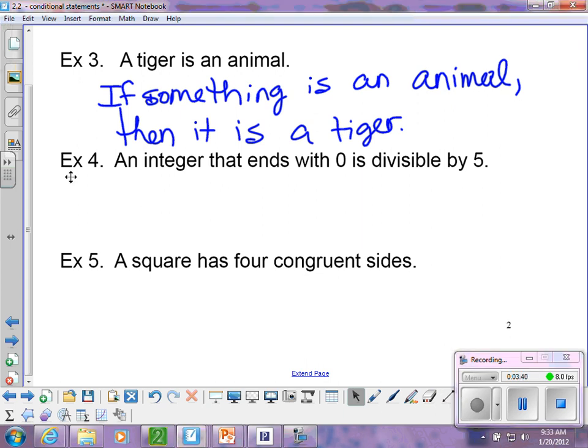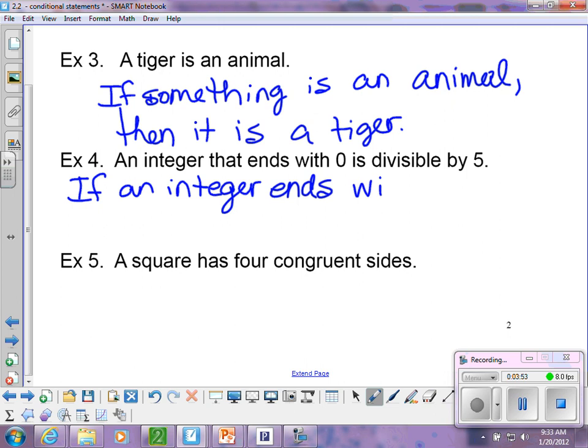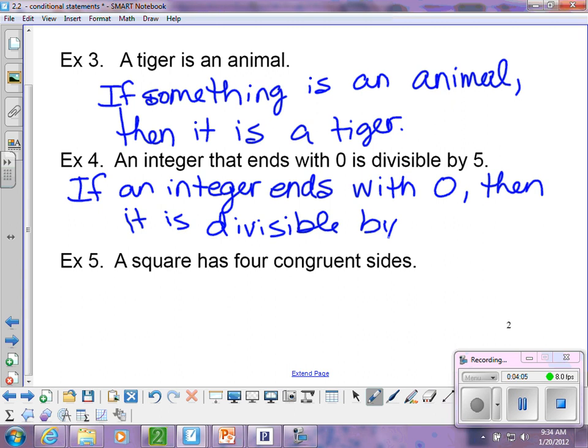If an integer ends with 0, then it is divisible by 5. Very good. So the last one says a square has 4 congruent sides.